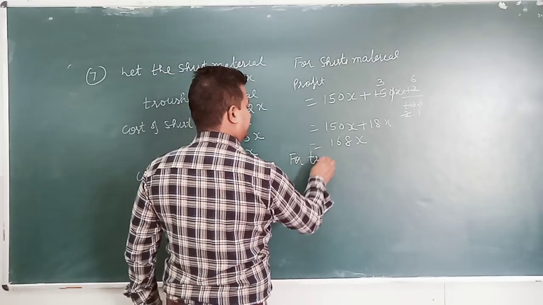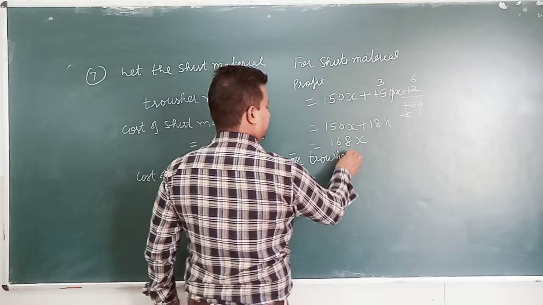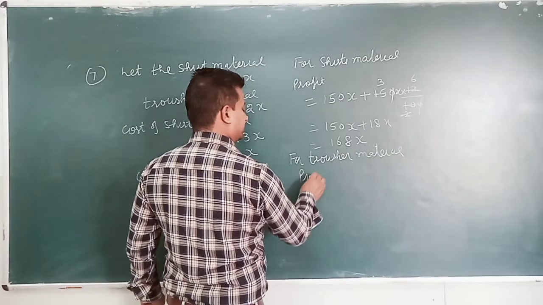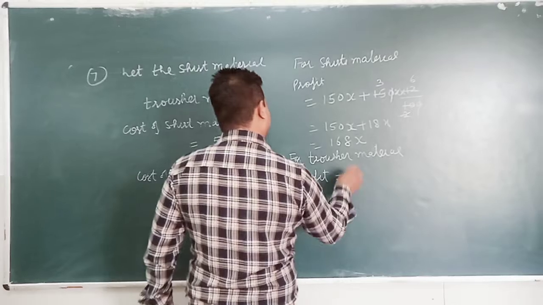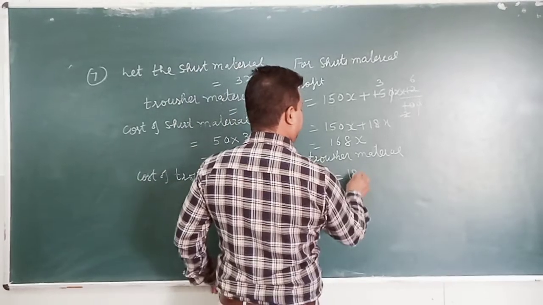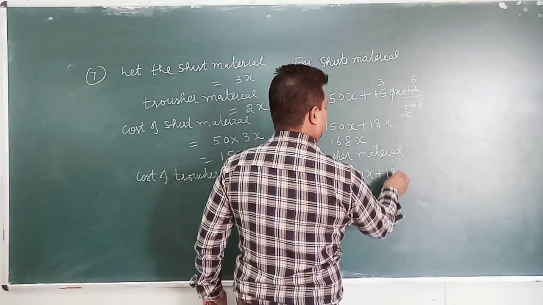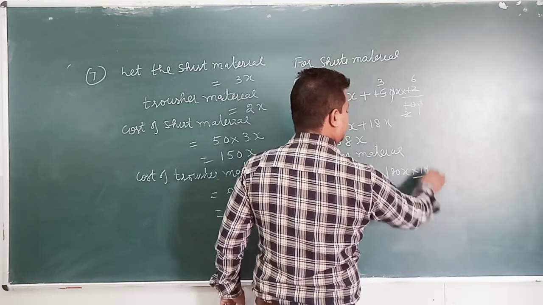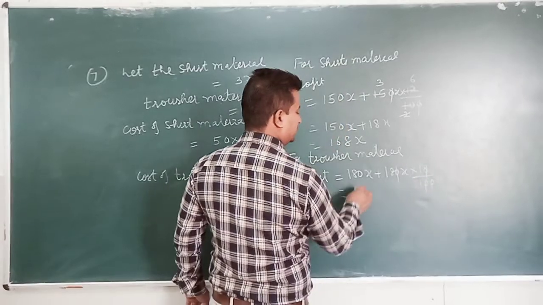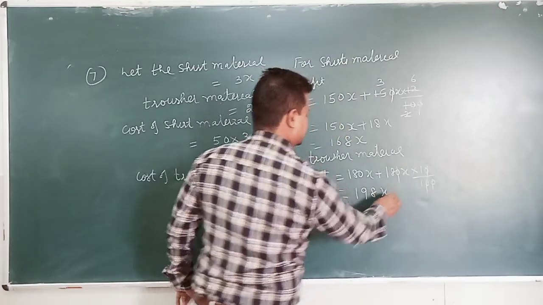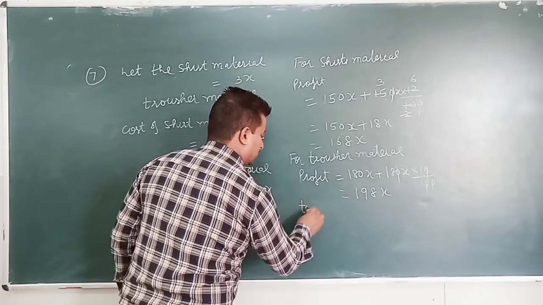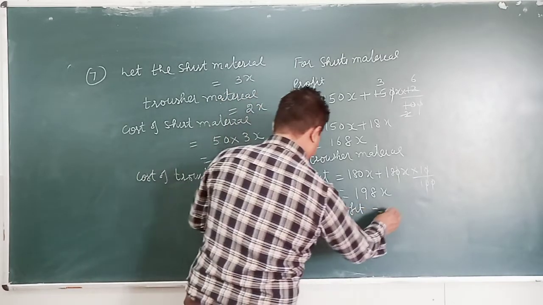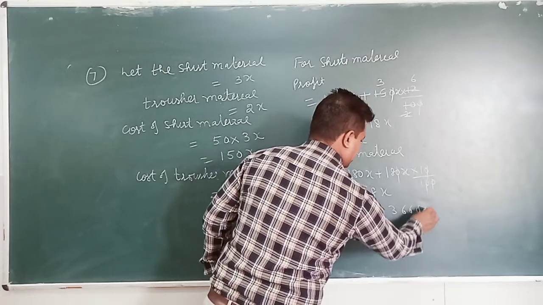For trouser material, the sale is equal to 180x plus 180x into 10%. So this 0 is cancelled out, this is also cancelled out. This gives 198x. So the total sale is 36,600.